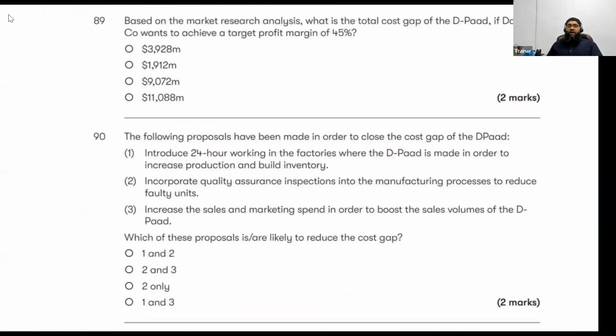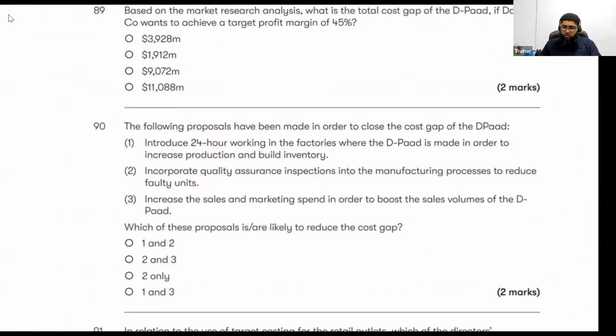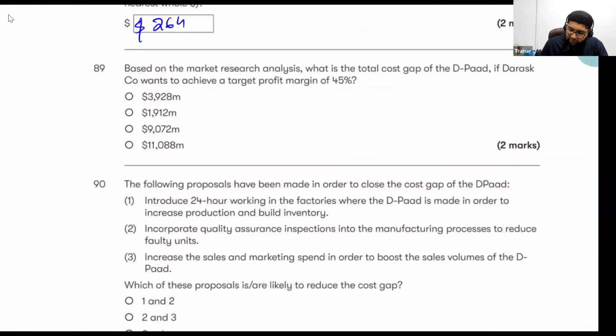It says based on market research analysis, what is the total cost gap of the D-pad if Daras wants to achieve a target profit margin of 45%?